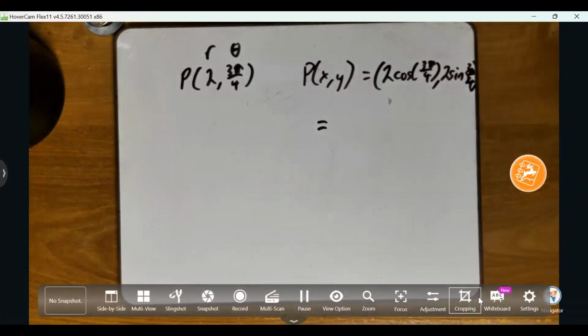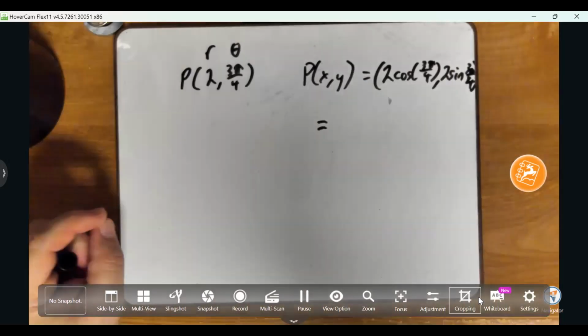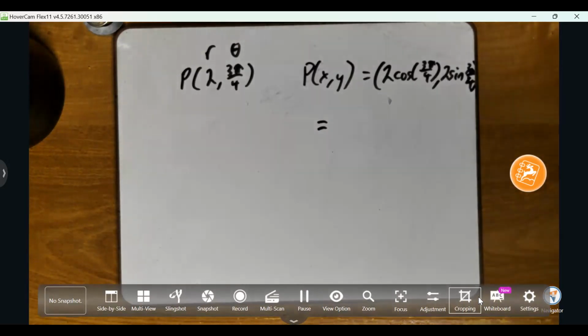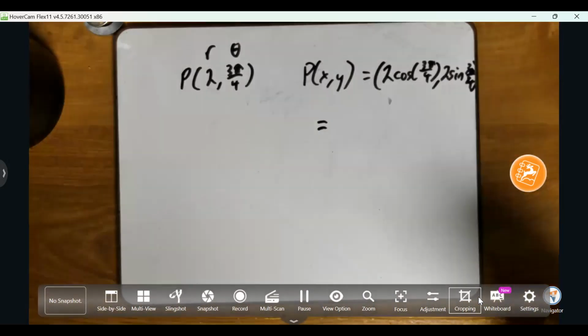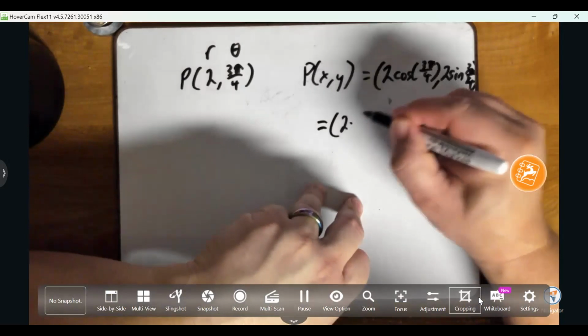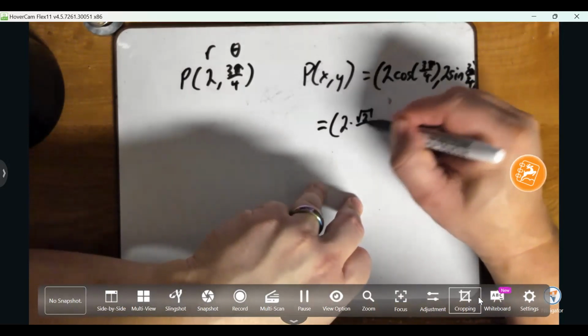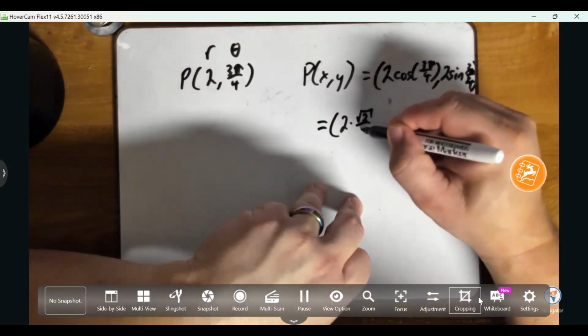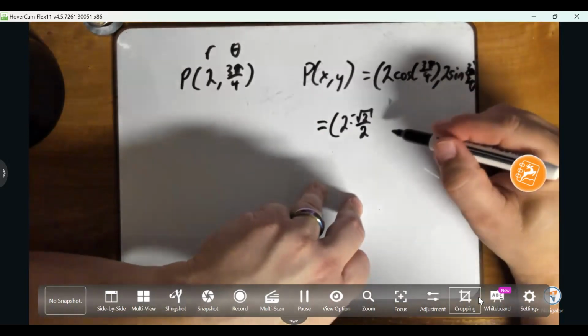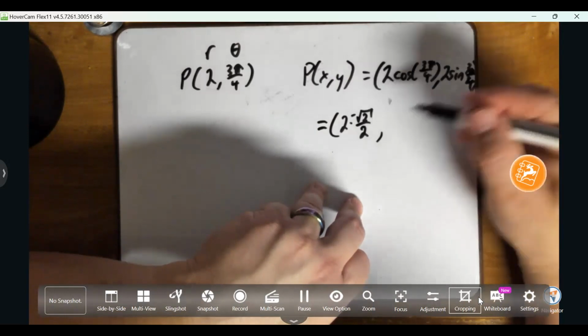The cosine of 3 pi over 4 is negative root 2 over 2. So this is going to be 2 times negative square root of 2 over 2.